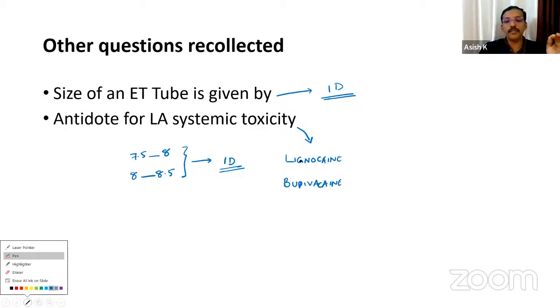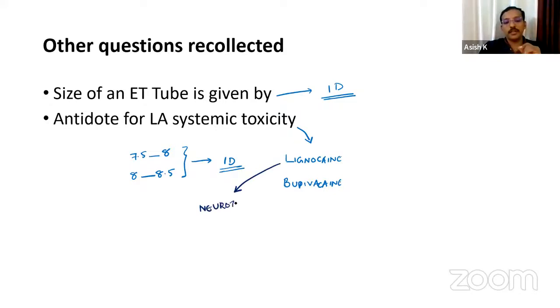For example, if it was lignocaine, we all know that it is neurotoxic, and the treatment was to give thiopentone. Now, if it was local anesthetic systemic toxicity by bupivacaine, the answer is 20% intralipid.